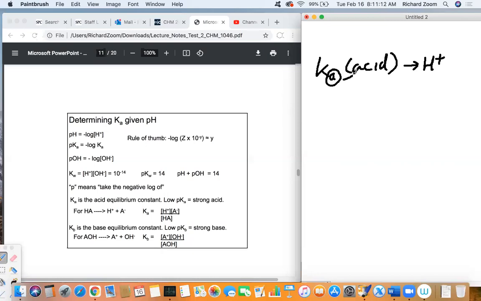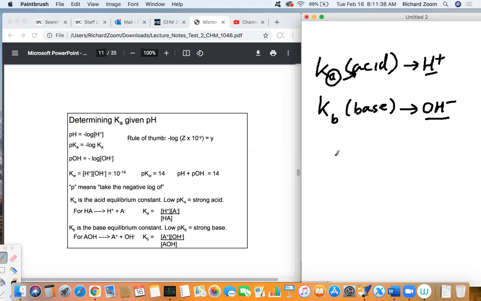So the A here is standing for acid. We have another one that we'll deal with as well called Kb, which is base, and this is all about OH minus. So whenever we're forming H plus, we're talking about the acid constant. Whenever we're forming OH minus, we're talking about the base constant.